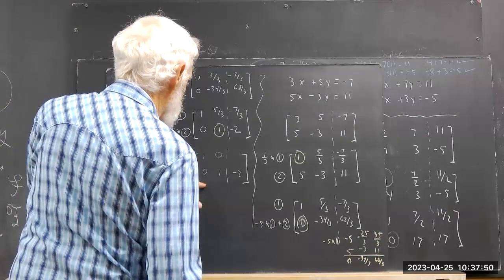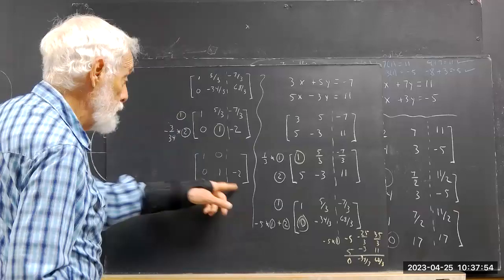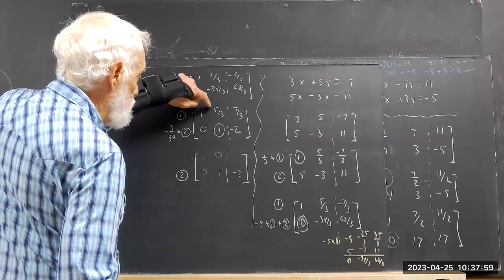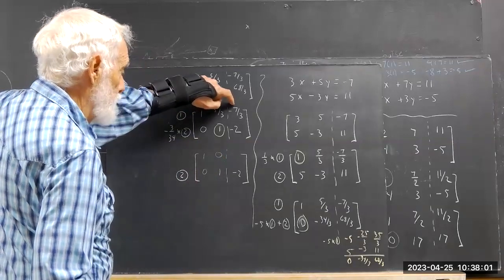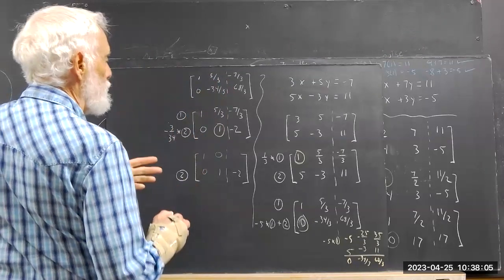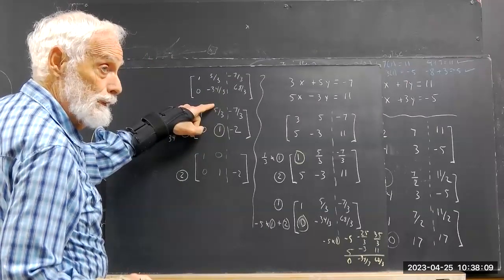So the second row is not going to change, but the second row tells us that y equals -2. First row has to change. We've got to get rid of this 5/3, and what we have to do is going to affect the -7/3. Because what we're going to do is take -5/3 of this and add it to this.